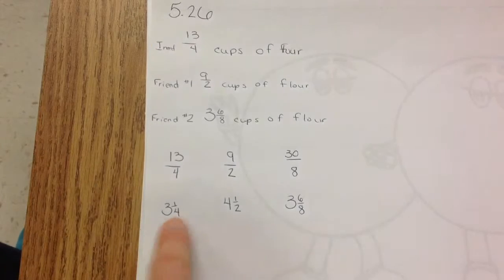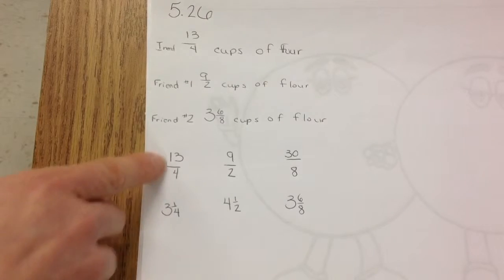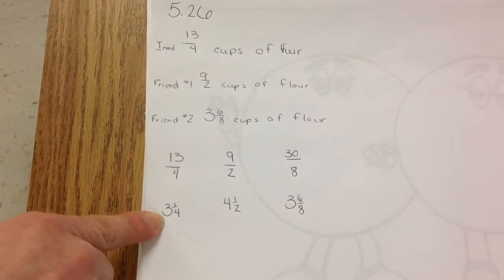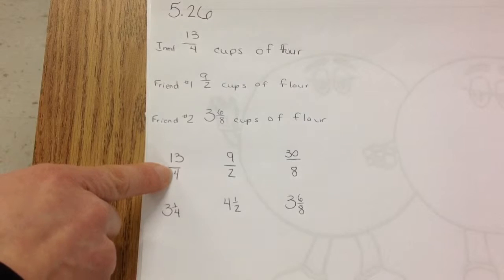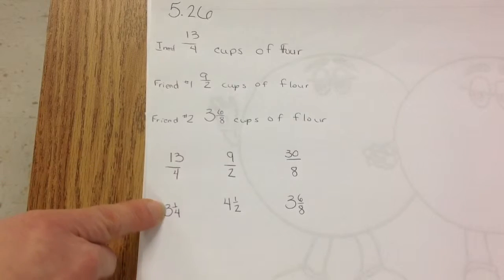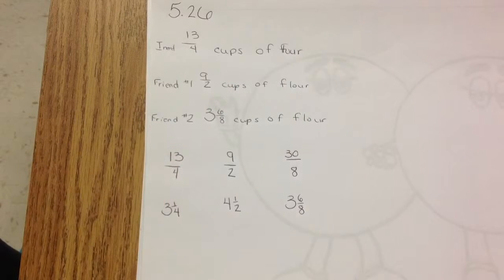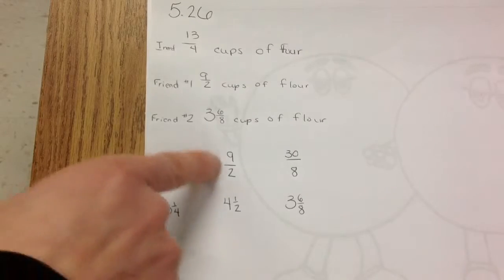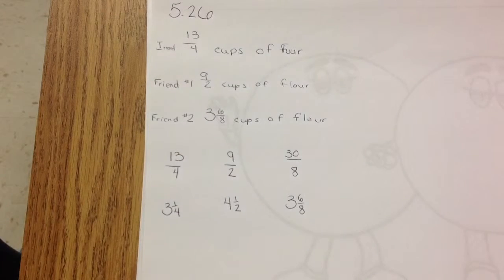I'm finding that if I put them in mixed number form, I can compare them quite quickly. I know 13/4 is 3 1/4 because 12/4 is the same as 3, and that's just 1/4 left. If you need help converting these, then maybe you need to raise your hand right now, and I can come over and guide you. But if you don't, let's move on.